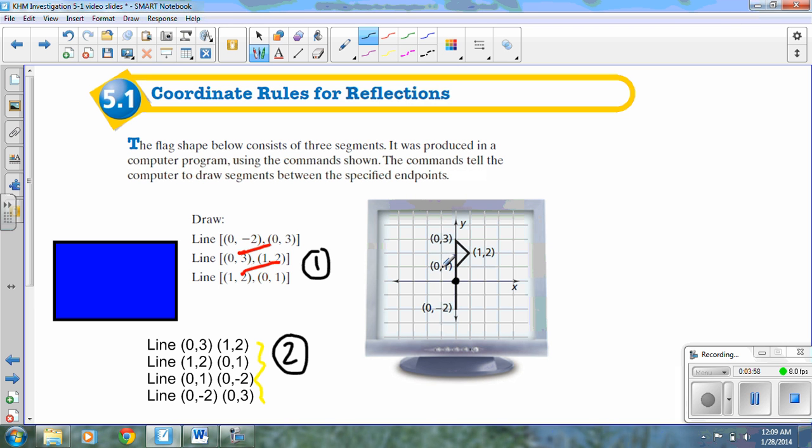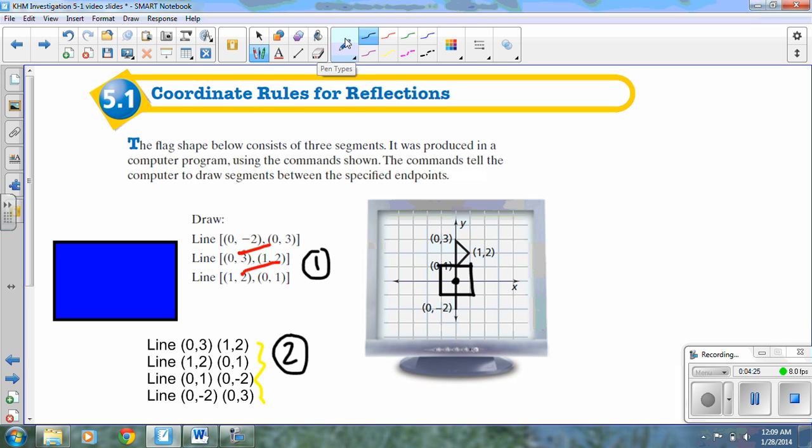Instead of the flag, it's going to have a square centered around the origin. Now, I just did a 2 by 2 square, but there are other possibilities. You could do a 3 by 3 square, 4 by 4 square, etc. Whatever square you come up with, write the set of commands for that on your green sheet.